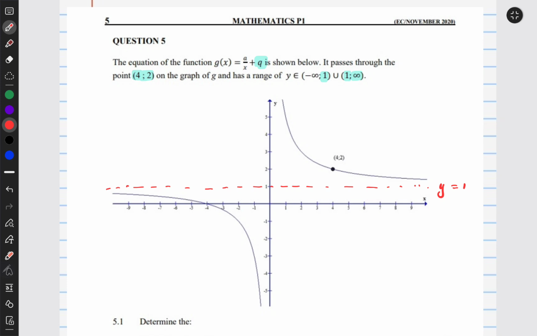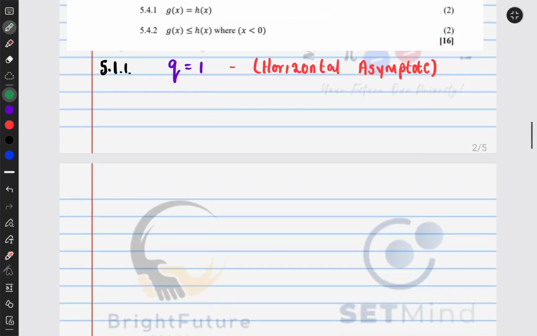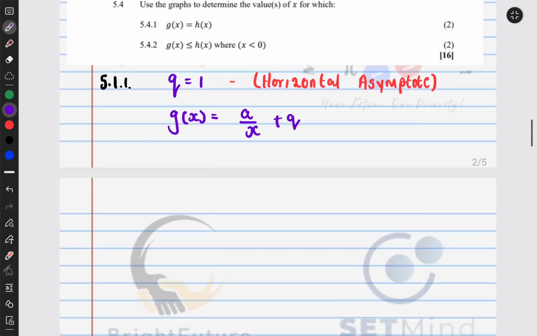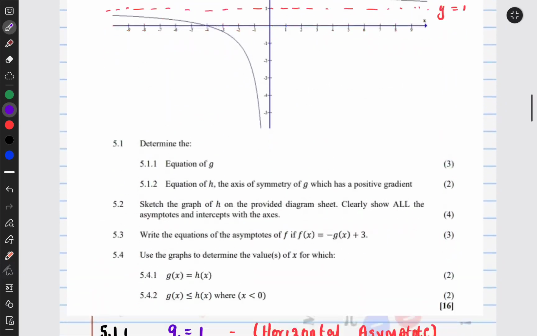We have been told that the function passes through the point (4, 2), so we can use that point. g at x is equal to a over x plus q. We can substitute the point to solve for a.